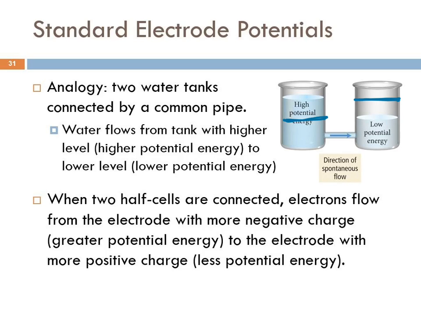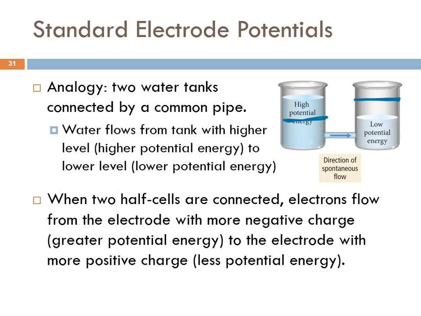Well, that's true. Water will not go to the right, but it will go to the left, right? If there is an open path for the electrons, they will move from higher energy to lower energy. So I think the way they present that is a little bit confusing.